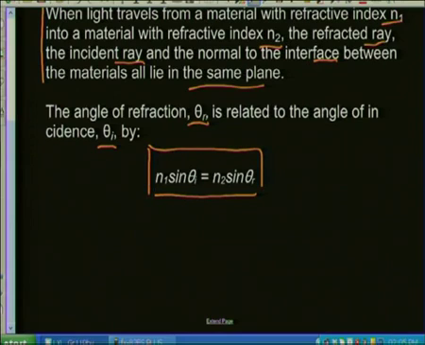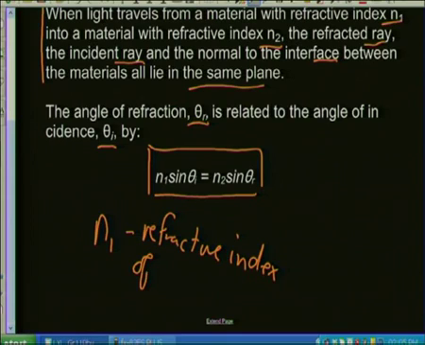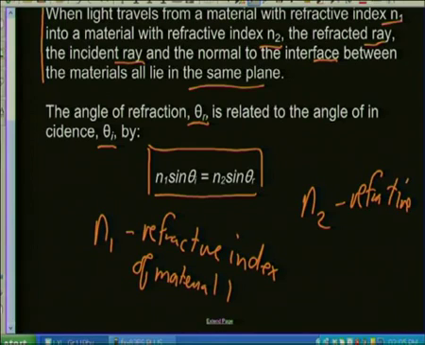It simply says N1, and remember N1 is the refractive index of material 1, and N2 is the refractive index of material 2. Now we're going to be able to have a relationship between the refractive indices and the angles of incidence and the angle of refraction.